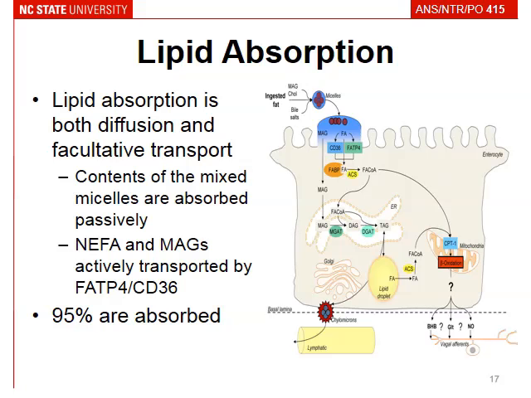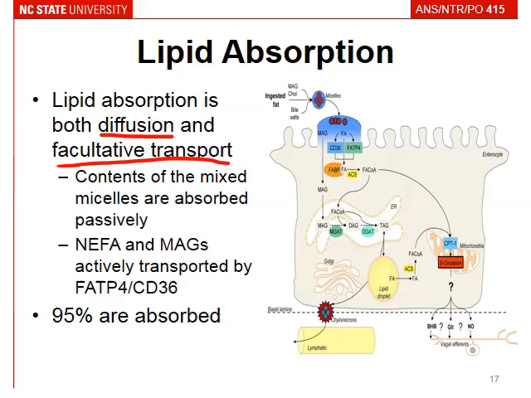So we'll start off with lipid absorption. Our lipid absorption is both passively diffused, and we have facilitated transport. Here our micelles are formed, and then they're able to merge into the unstirred water area and encounter the microvilli of the enterocyte.